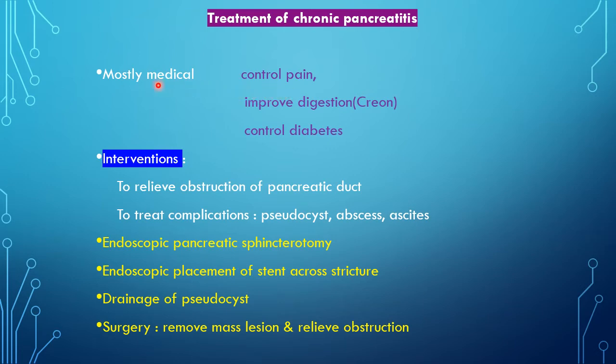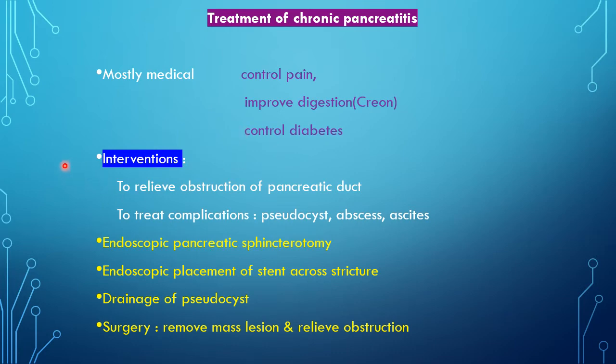As a result, pain control is one of the most important things to consider in a patient with chronic pancreatitis. Then, to improve the digestion by giving digestive enzymes orally. One such example is Creon. And thirdly, to control diabetes, which in most cases is invariably present. Most of them may need insulin treatment replacement.